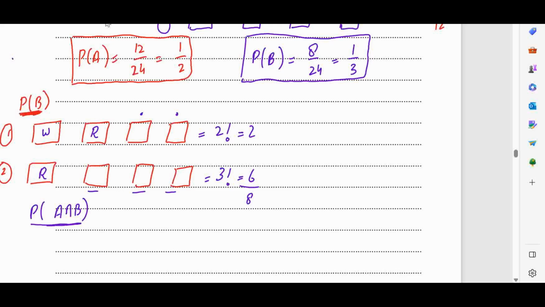For this case, we first of all have to find out the common overlap of A and B.